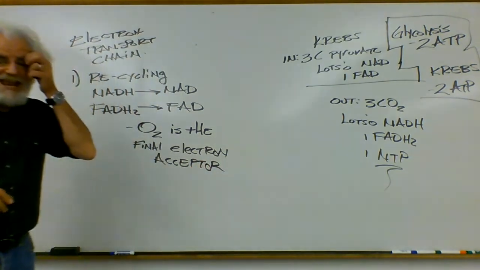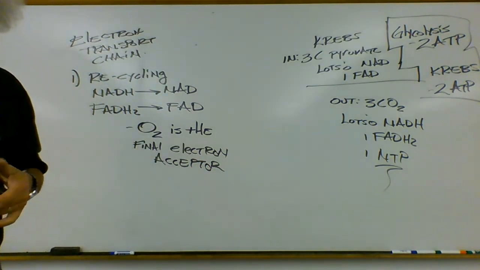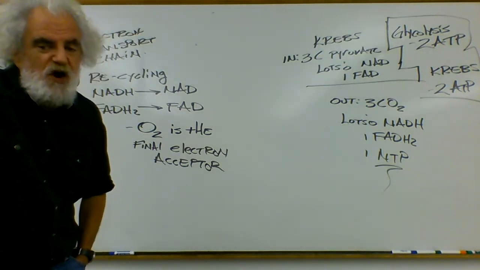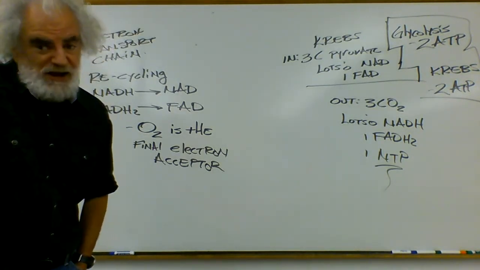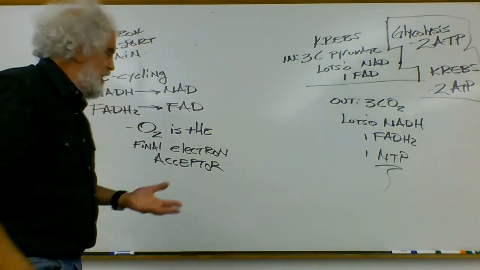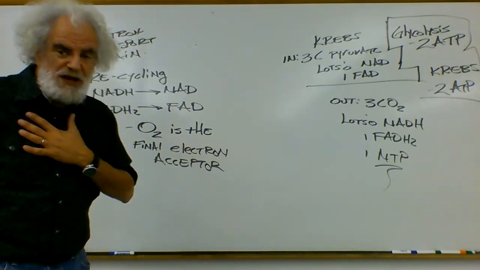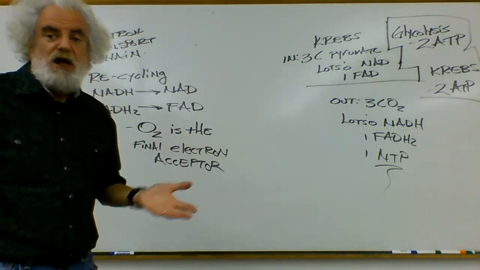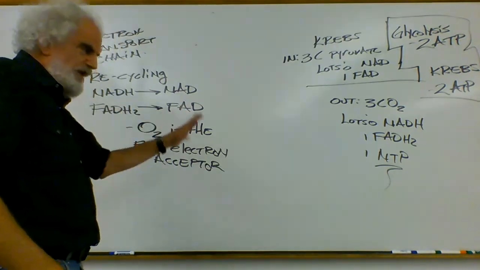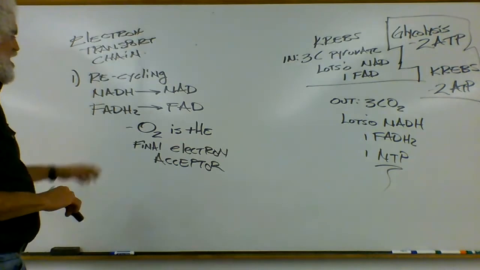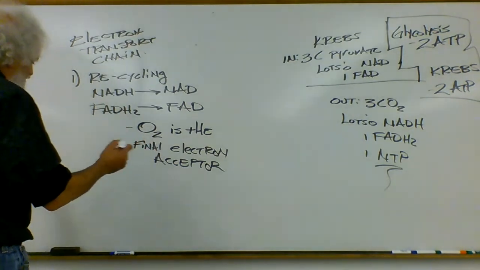Now, as we get into a bit more of the details of different metabolic pathways in bacteria, we'll see that O2 doesn't have to be the final electron acceptor in all systems. Sometimes there are some bacteria that use sulfur, but we use oxygen, and aerobic bacteria use oxygen. And so, for now, let's just throw this in sort of a generalized way, and then we'll fit it into the specialized ways. O2 is the final electron acceptor.